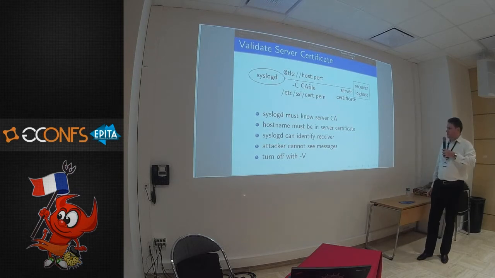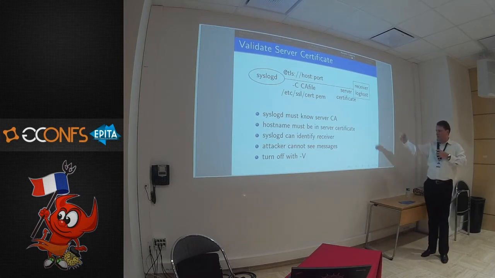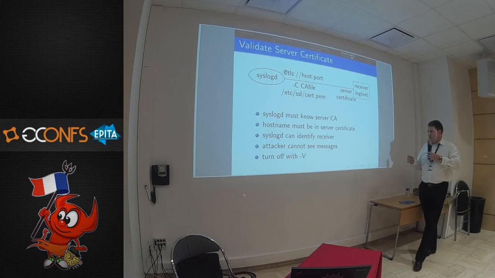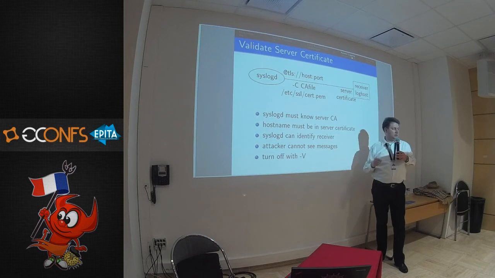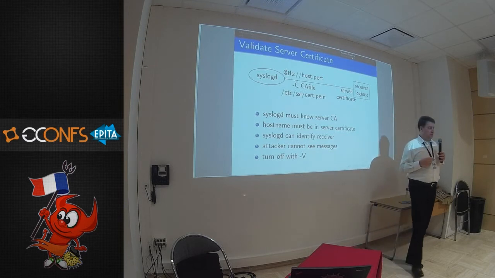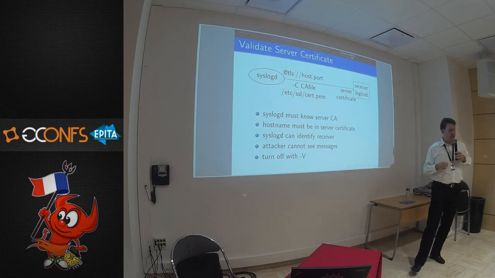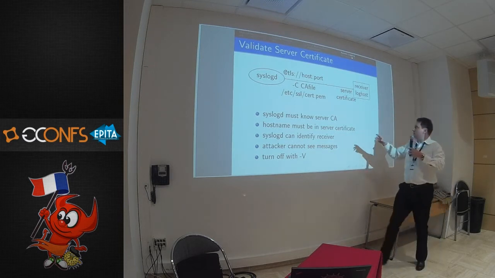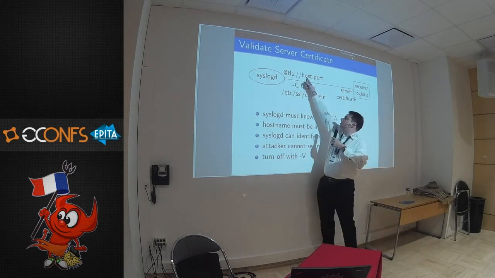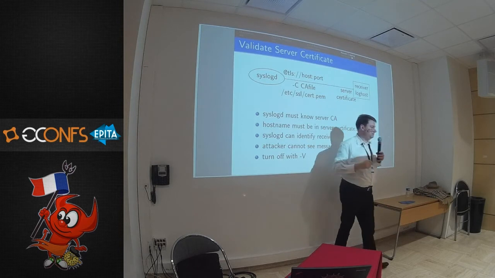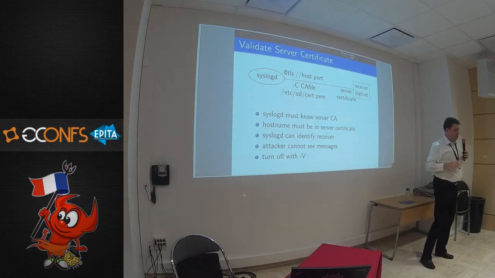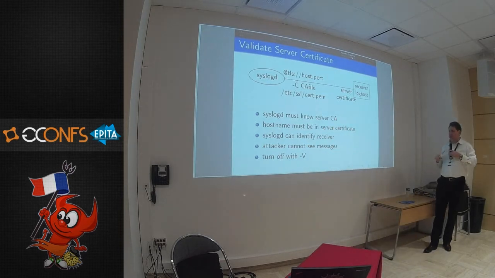So Syslog must know the CA, and the host name must also be in the server certificate, so that nobody else that belongs to the same cryptographic infrastructure, like Comodo, can spoof it. And so the host name you specify here must be in the common name of the certificate, or in the subject alt name. libTLS handles that for us.